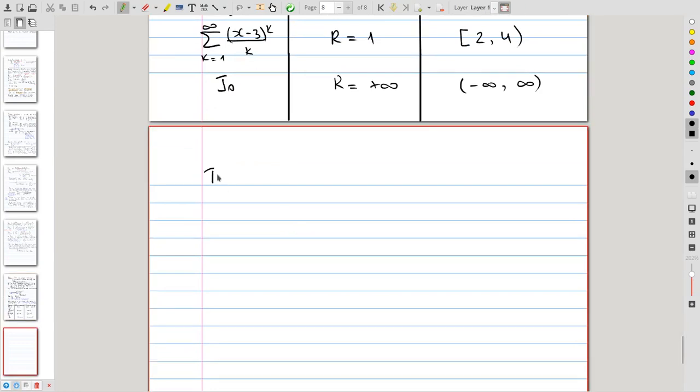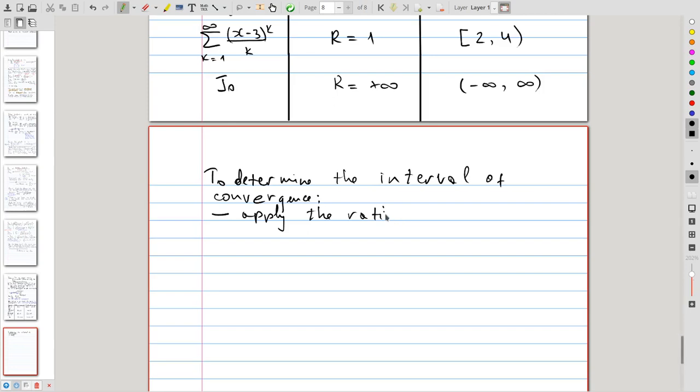To determine the interval of convergence, the first thing to do would be to apply the ratio test in order to find R. R is obtained from the ratio test.